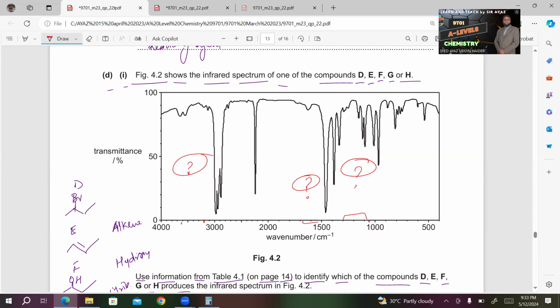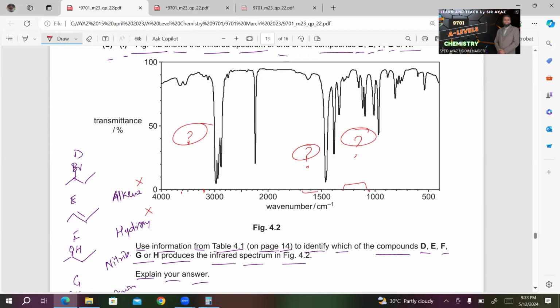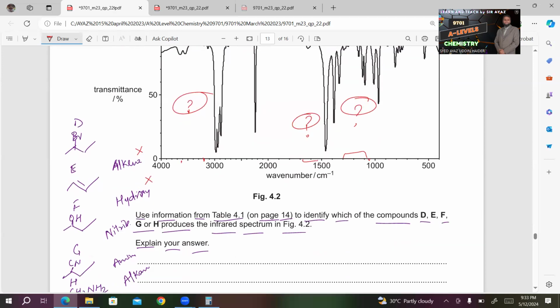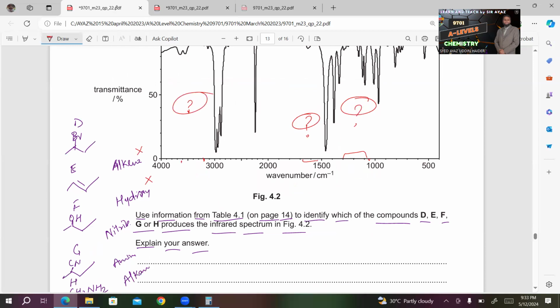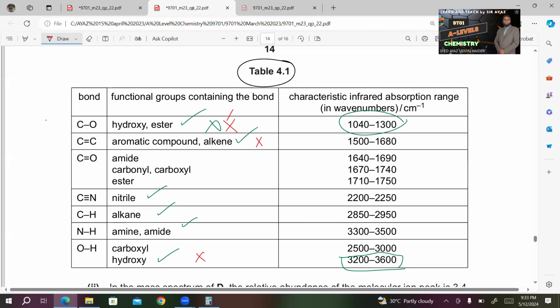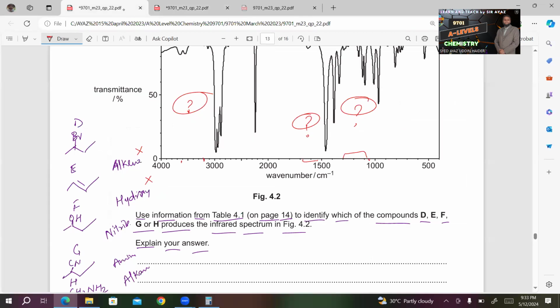So far we don't have alkene or hydroxy. We are left with nitrile and amine. Amine must be 3300 till 3500. Again, no absorption, so amine is also absent.